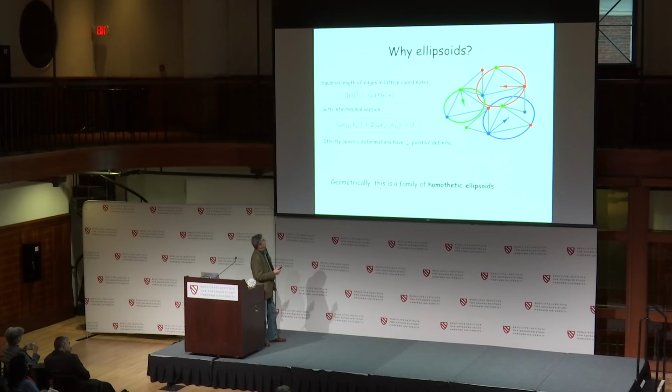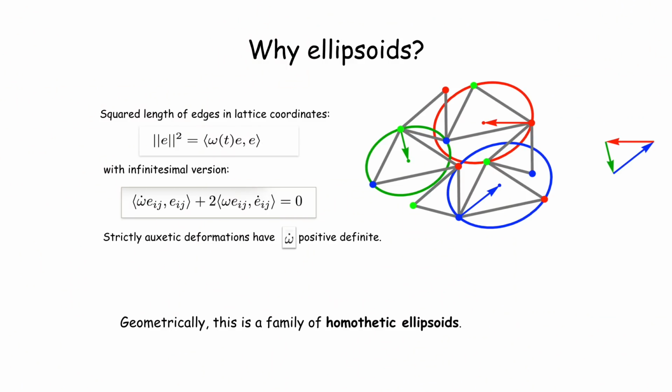And now, our geometric definition of auxeticity says that this tangent, this omega, is that Gram matrix I tried to make friendly a little earlier. So this says the tangent to the trajectory of the Gram matrix is positive definite.